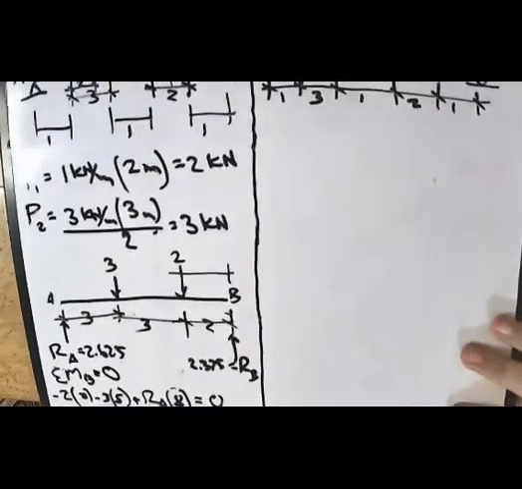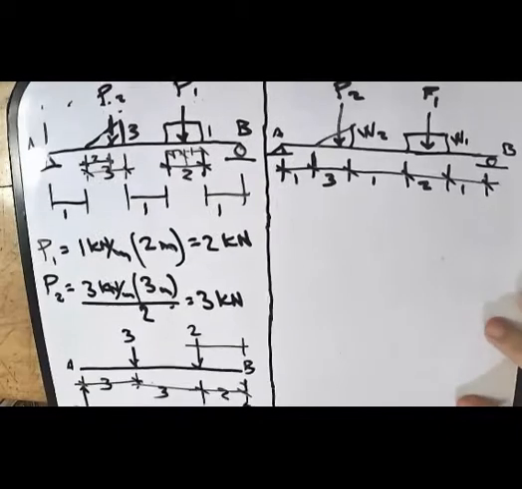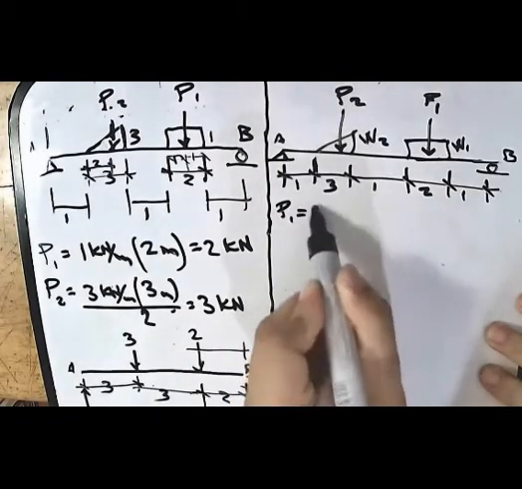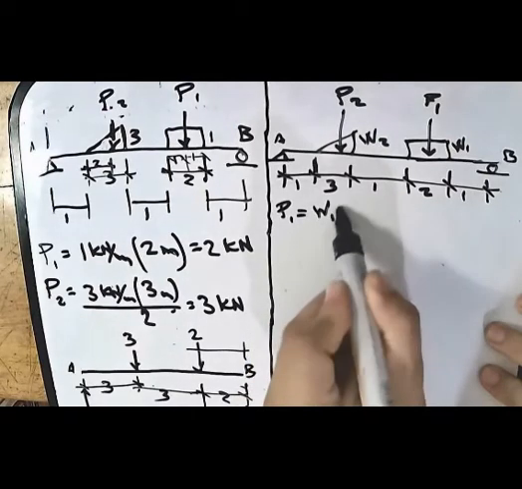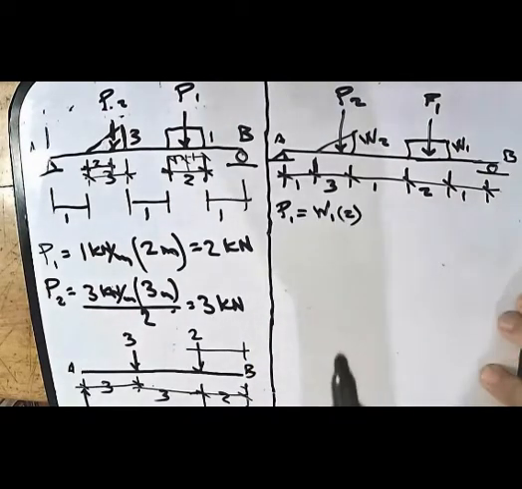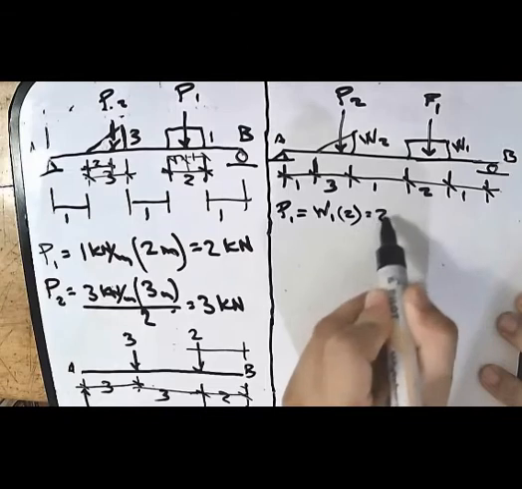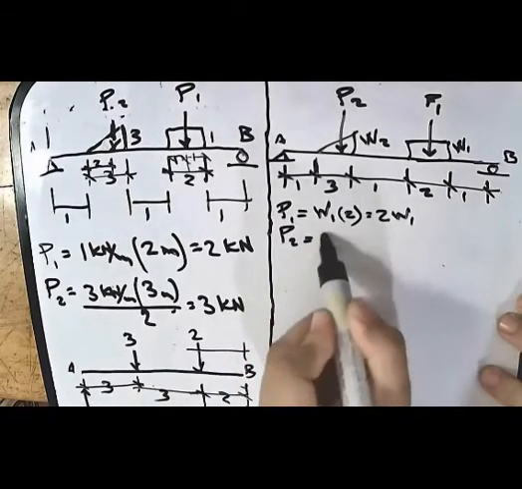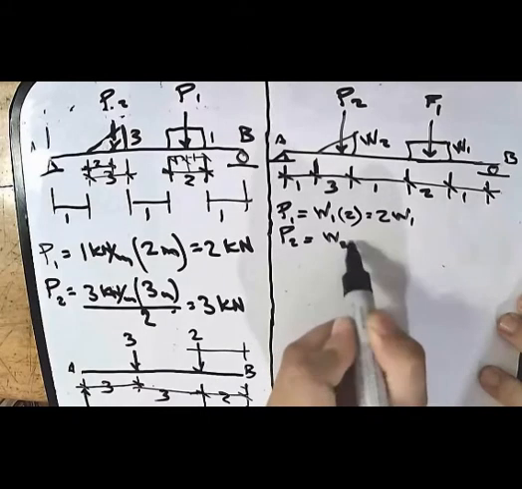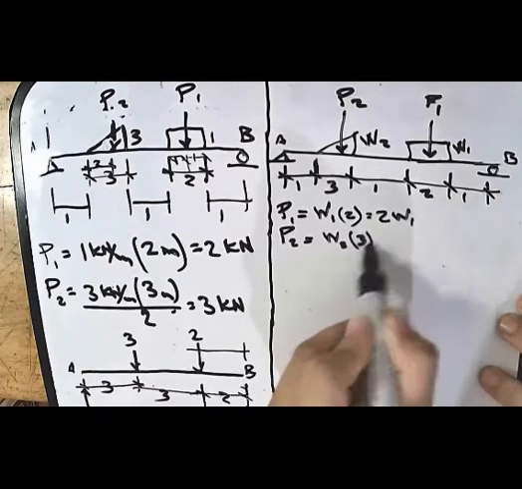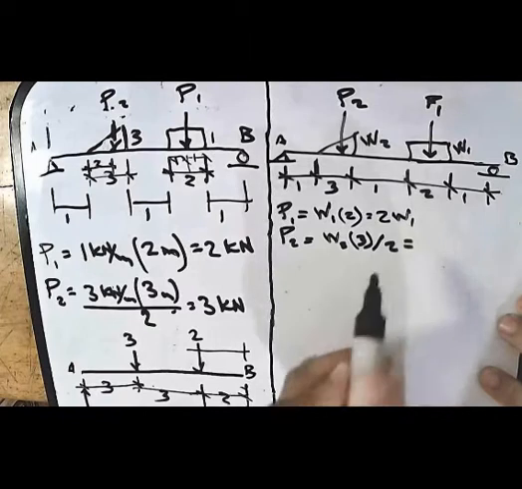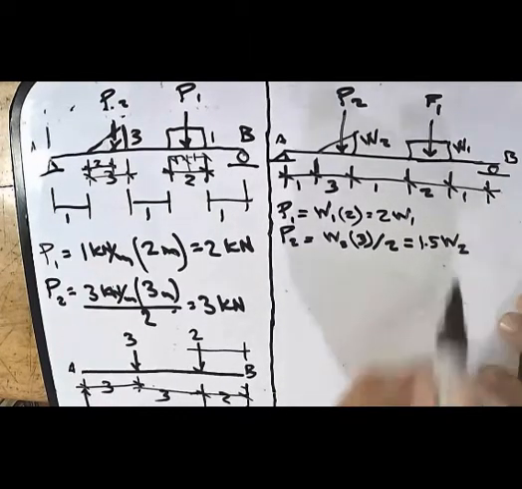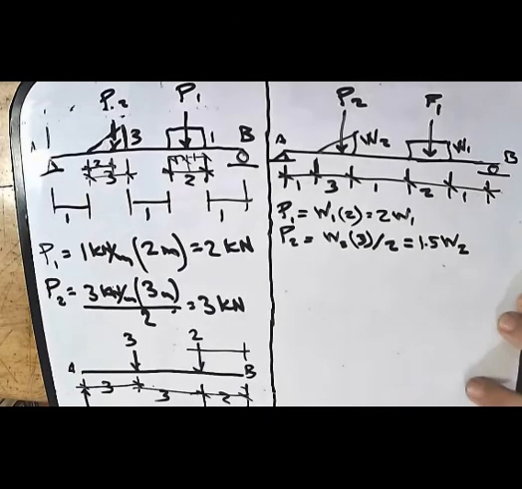So P1 is simply W1 times 2, or that is 2 times W1. And then P2 is W2 times 3 divided by 2, or that is 1.5 of W2.